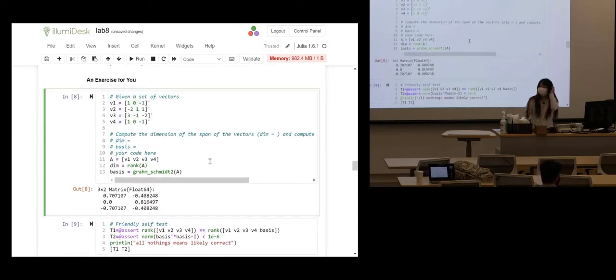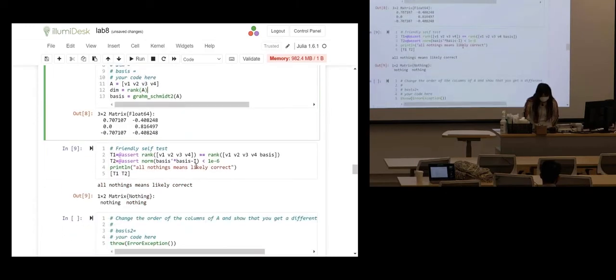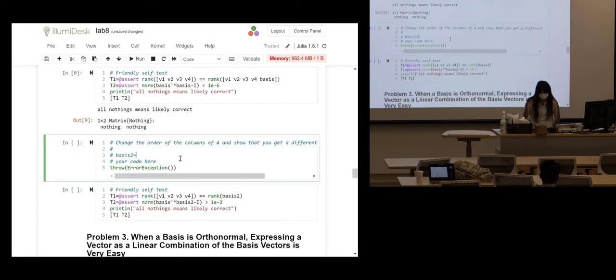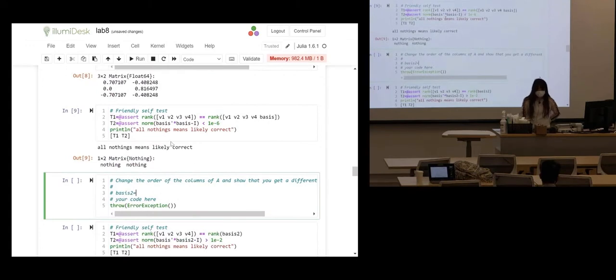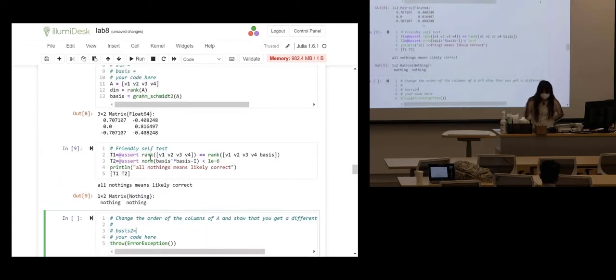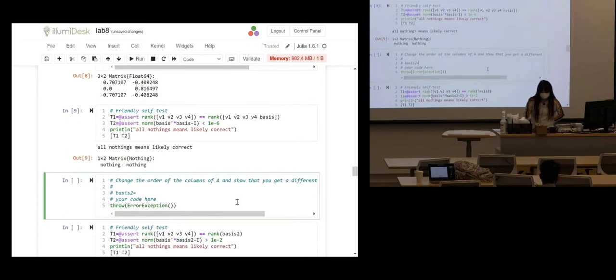Is this clear? The next exercise just shows that if you change the order of these vectors, you will get a different basis, but the dimension will be the same. So here we can change the matrix A, probably using V2, V3, V4, and V1.